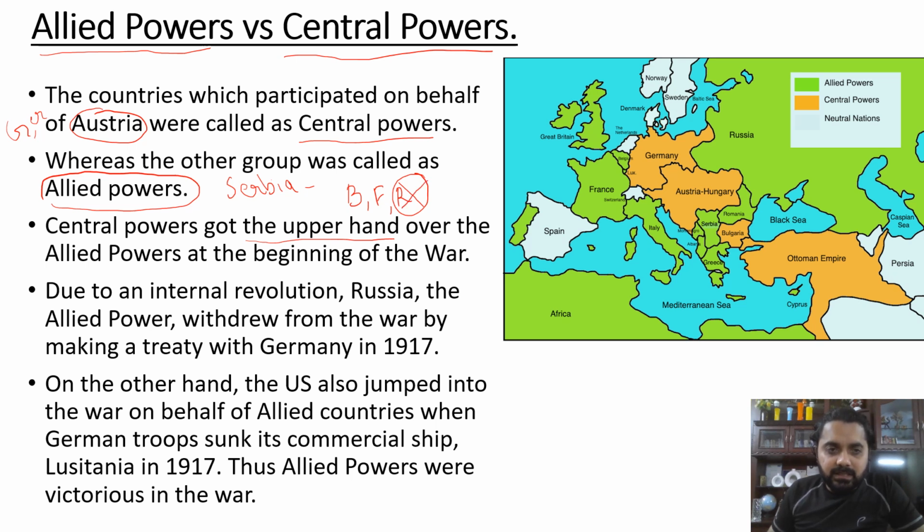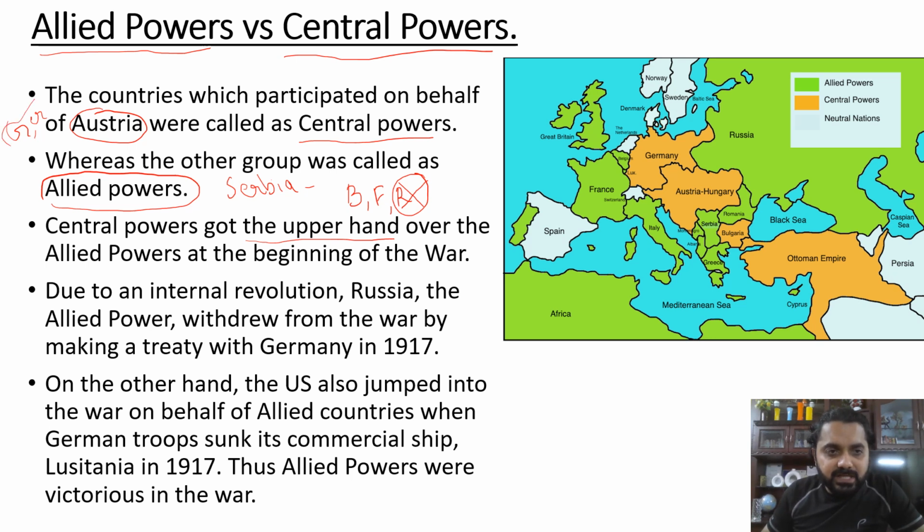But why did it decide to withdraw from the war? Russia decided to withdraw because there was an internal revolution happening. There was a big revolution called the Russian Revolution going on in their country in the year 1917, and not only that, Russia also made an agreement with Germany.